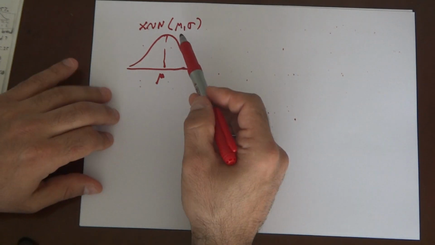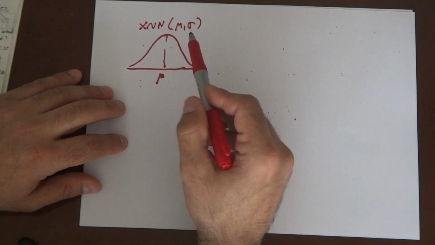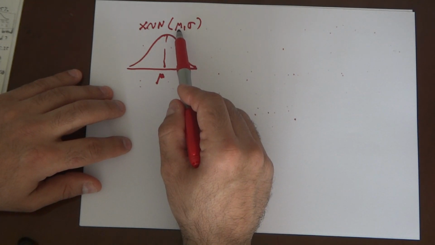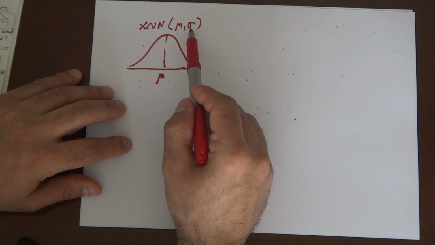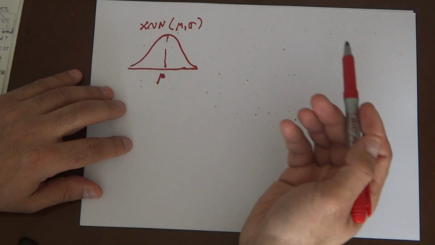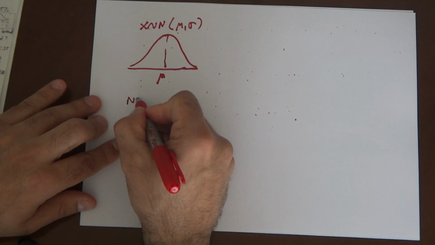You can write down infinitely many different normal distributions, since the mean values and the standard deviation values can be different.